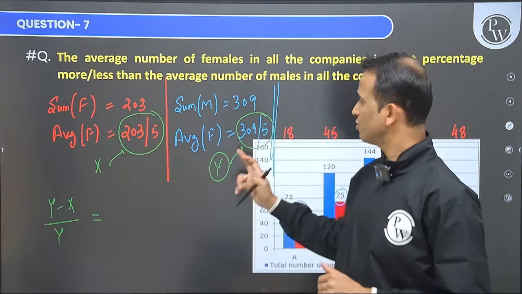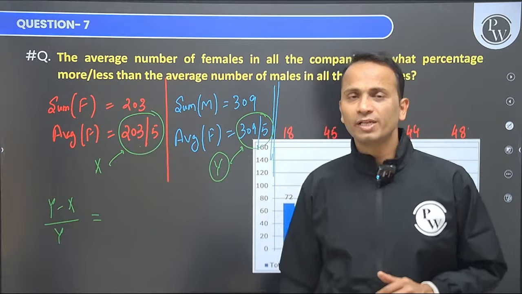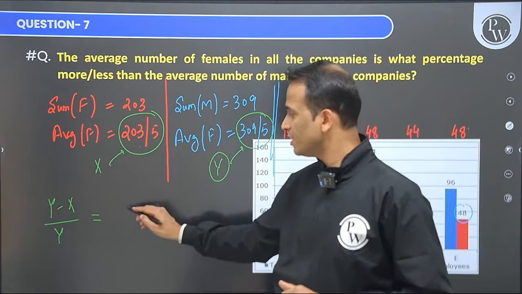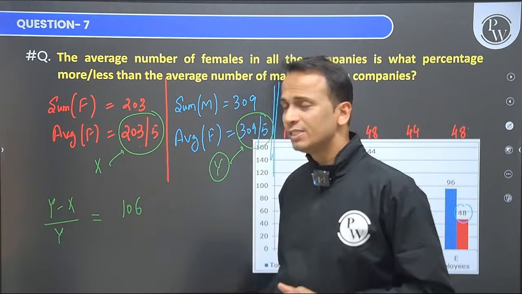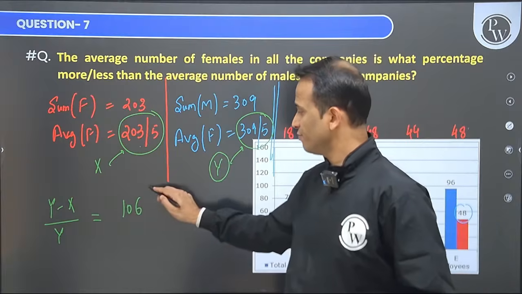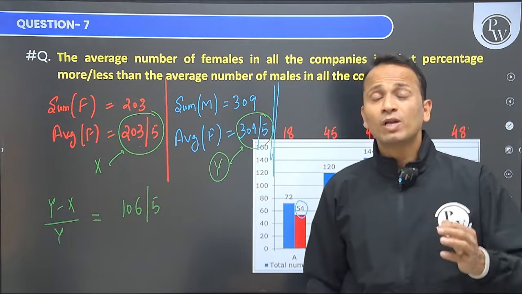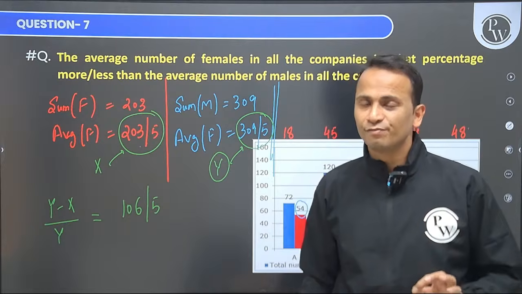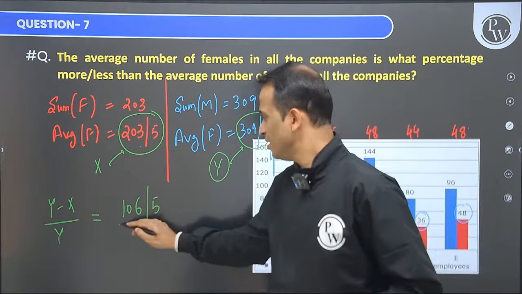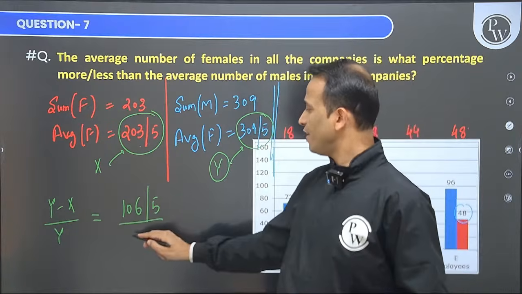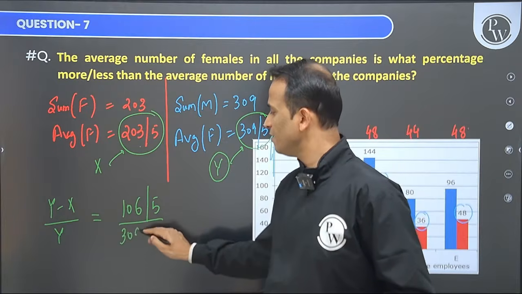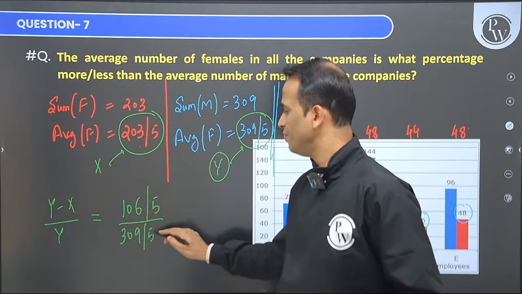Now their difference, 309 minus 203, is 106. So the difference is 106 divided by 5. I'm writing this divided by 5, and later you will understand we could have dropped this 5 from everywhere. 106 upon 5 divided by 309 upon 5.